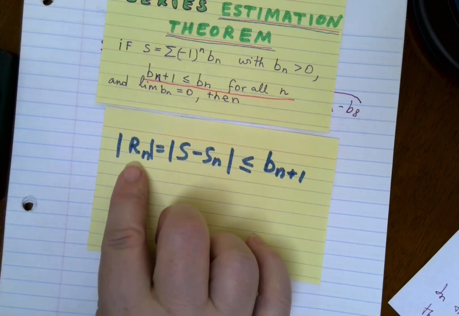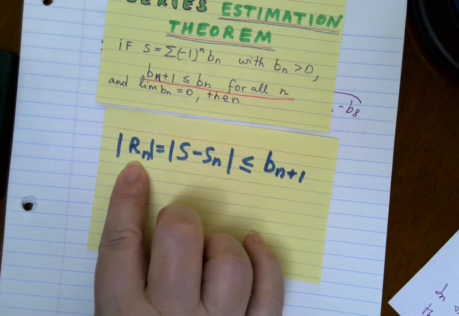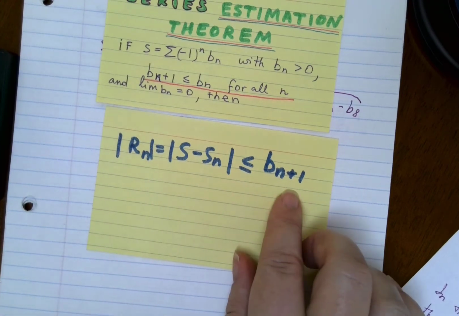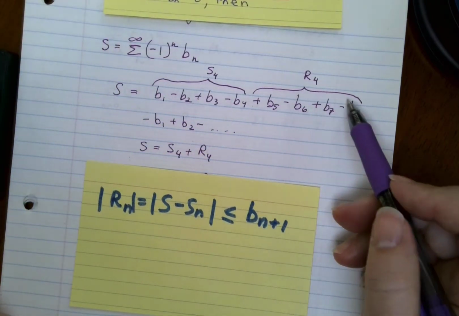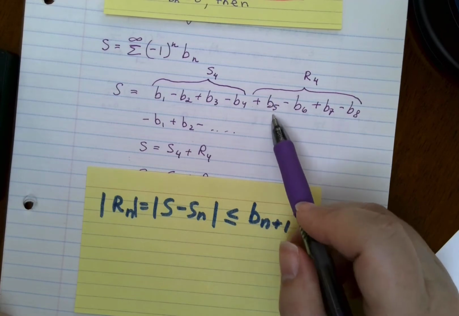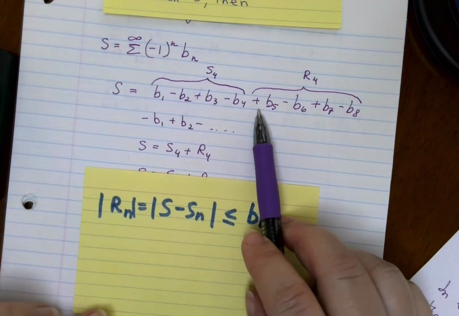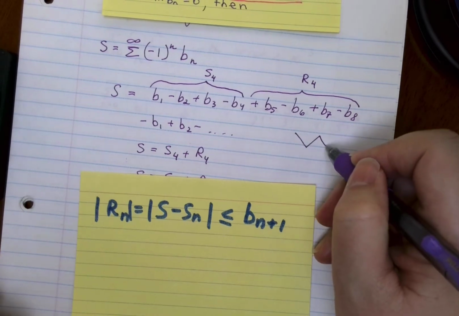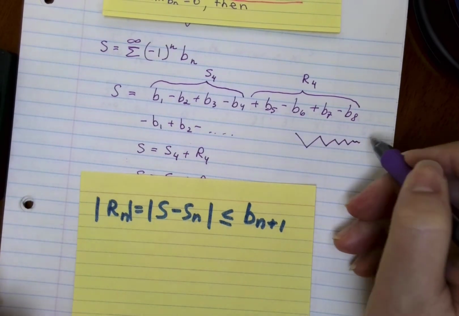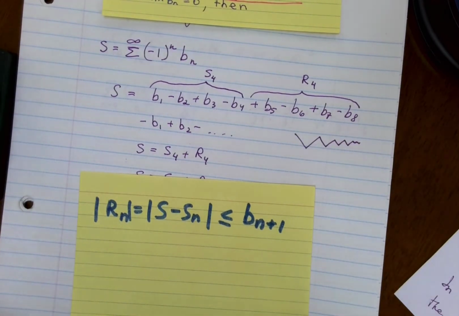And the first term of R sub n is B sub n plus 1. So let's look here. This is my R sub 4. The first term is B5, right? And that's the largest term. And then we have, remember, the jumping with decreasing amplitude, right?